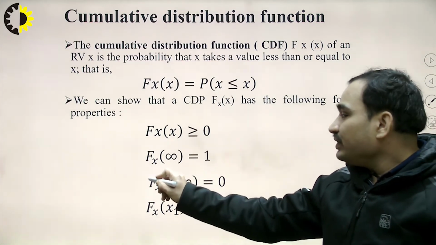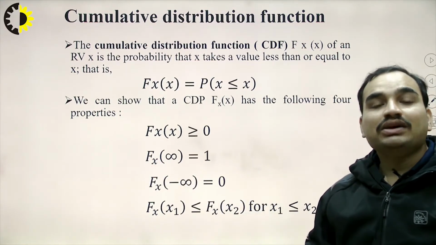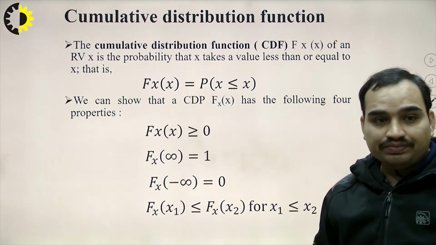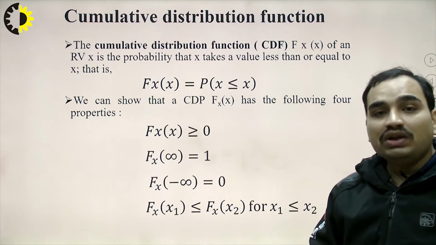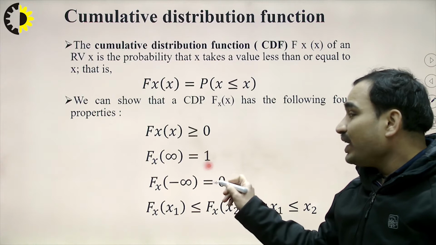Next, F of x at infinity is 1, because we know that the maximum value of the probability is 1. While adding all the probabilities for all the outcomes for all the events, we get the maximum value as 1.